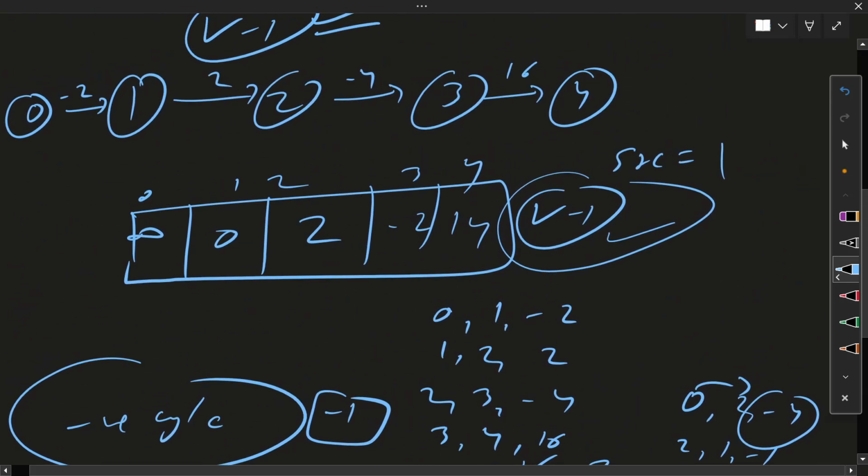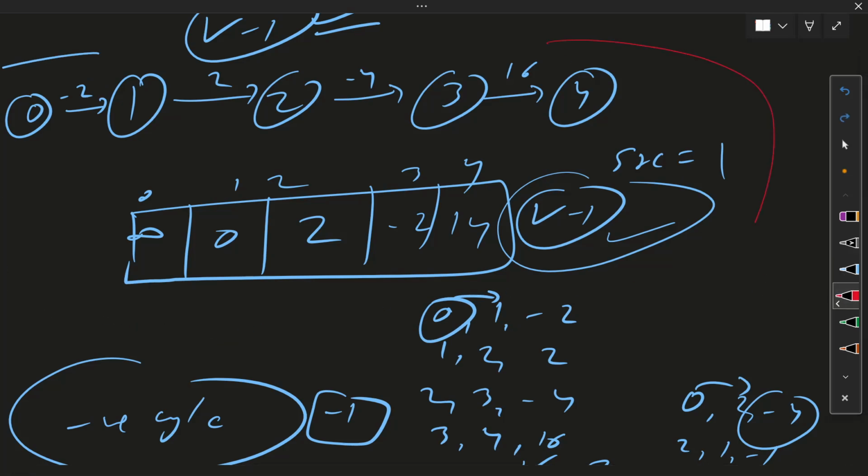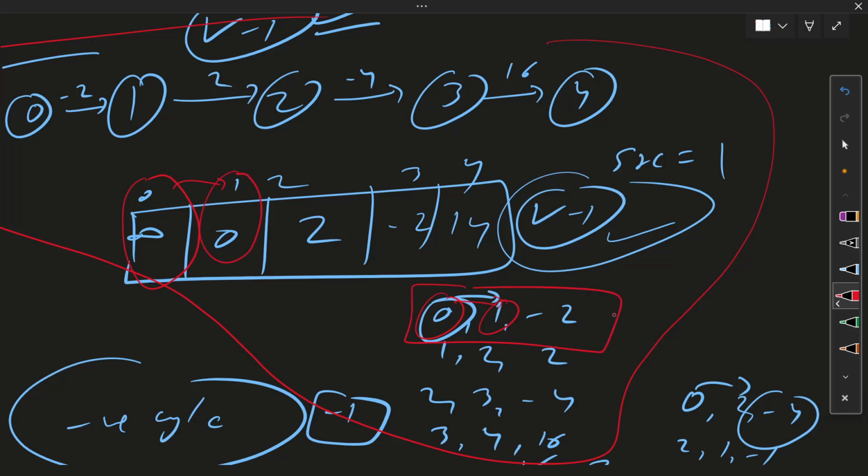We just need to return minus 1. So that's about this. And in this case we have 0 to 1. I want to tell you something, that's a special case from 0 to 1. If we cannot reach 0, then we cannot reach 1. This edge we will just skip, because this is our starting point and we cannot go before that.